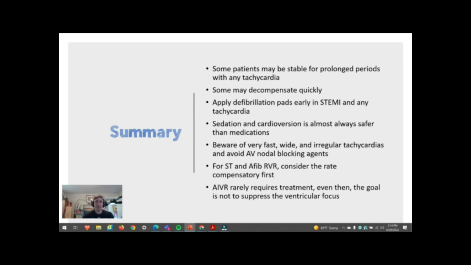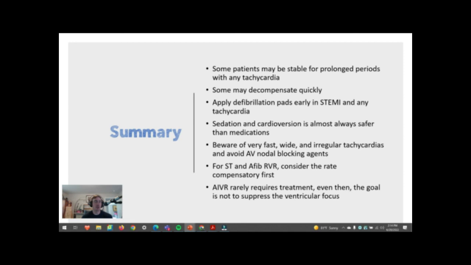So in summary, anytime you have a STEMI, just place the pads. Sedation and cardioversion in general is safer than medication. So if you're unsure, you've got a patient that's borderline, their blood pressure's marginal, but the patient is showing some signs of end organ malperfusion.